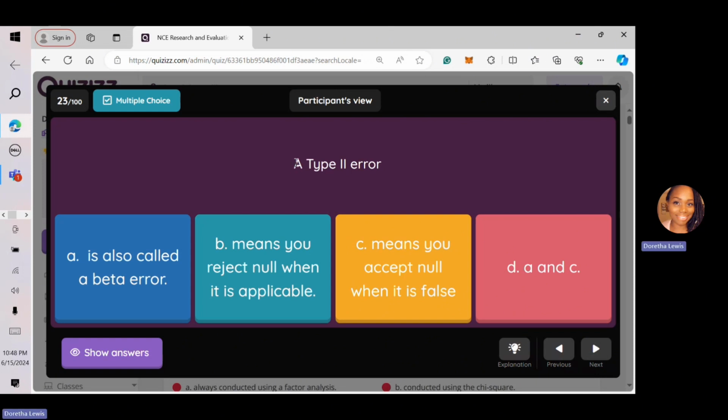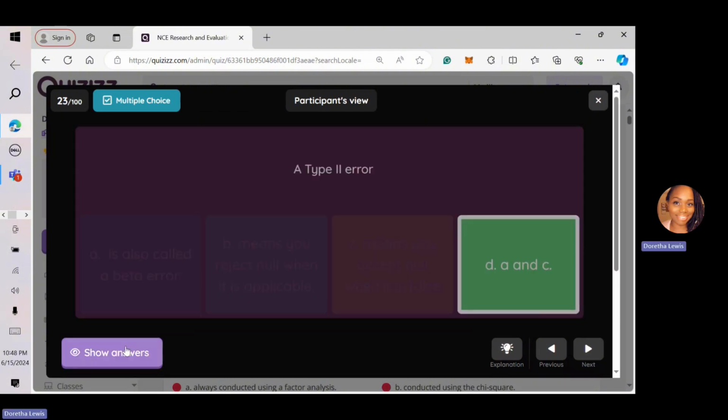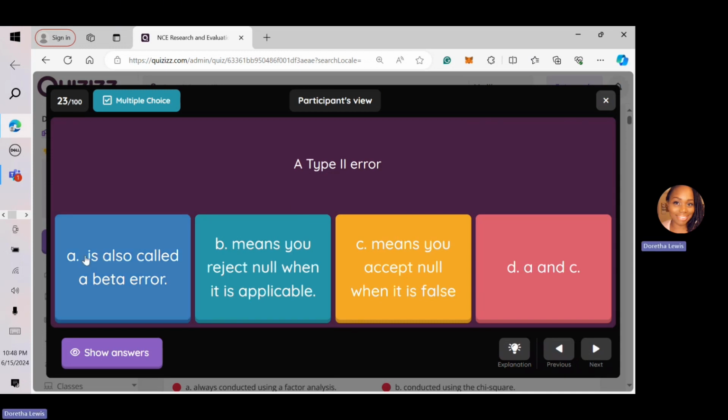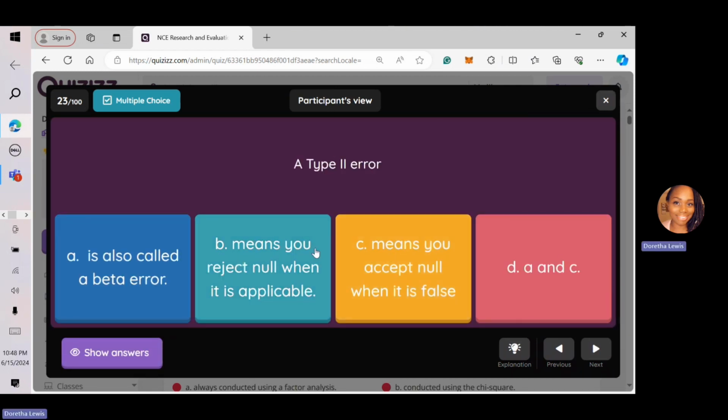So a type 2 error, right, is a false negative, right? So it's A and C, right? So A is also called a beta error, right? It means that you accept the null when it's false, right?